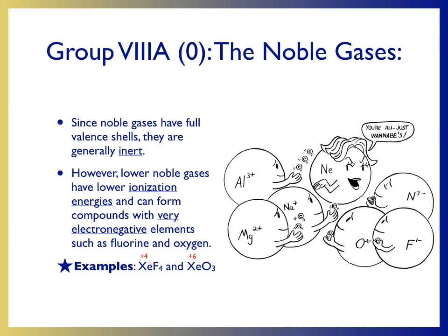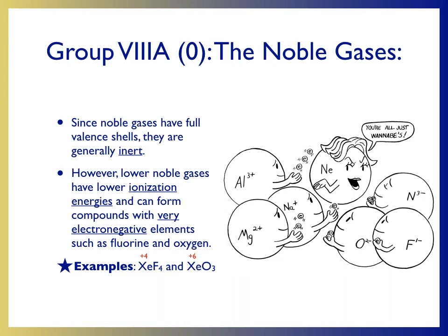Xenon forms other compounds with fluorine and oxygen as well, where there's a range of oxidation states from +2 up to +8. Krypton also forms a handful of compounds with oxygen and fluorine. Argon only forms one compound with fluorine, while neon and helium do not.